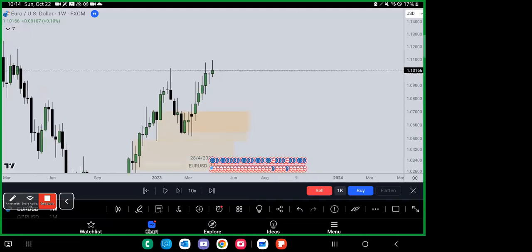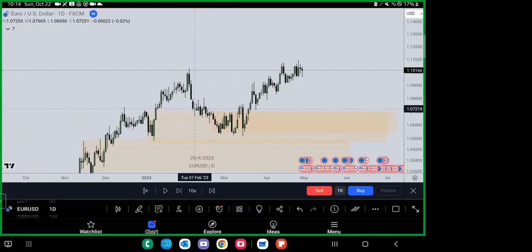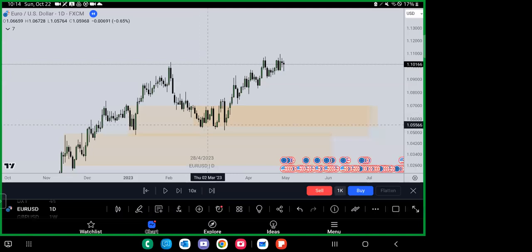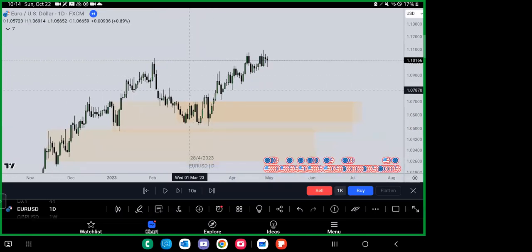All right. So I can go to this daily time frame, and what I'm going to see is that order flow, right? These up close candles support price until we get down into here. Now, back during this time, this is when there was that bank crisis here in the U.S., right? And then price turned, then the euro gets strong.